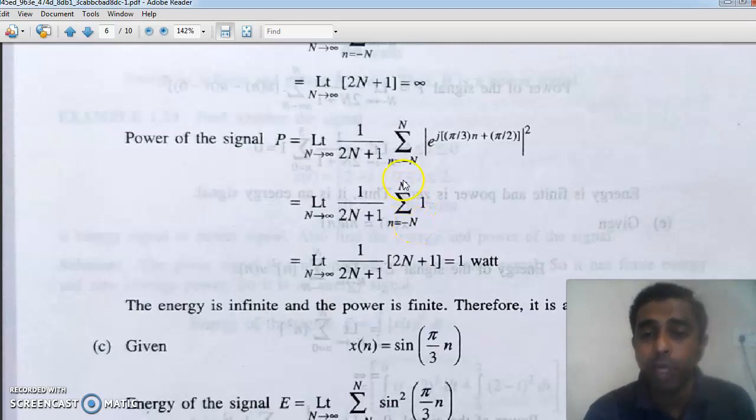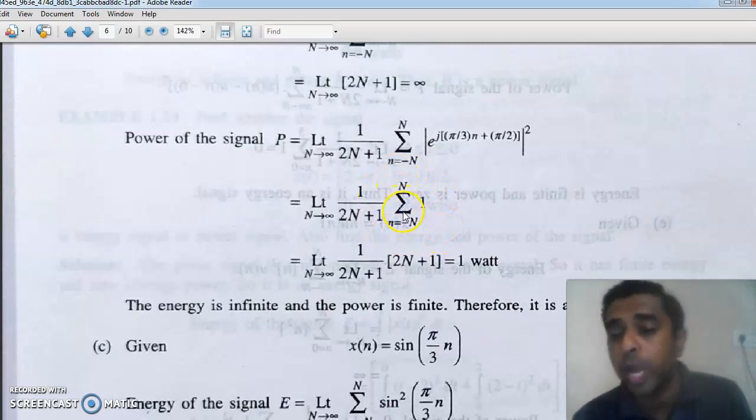From -N to -1 you have N samples, from 1 to N you have another N samples, and in between you have n is equal to 0. So how many times are you adding 1? You are adding 1 a total of 2N plus 1 times. So what is the result of the summation? It is nothing but 2N plus 1.